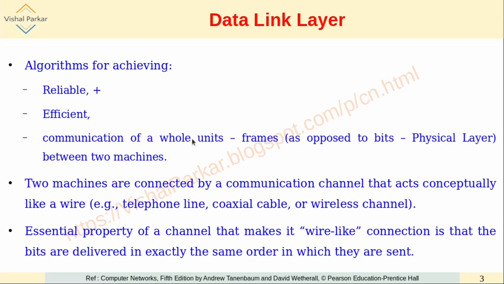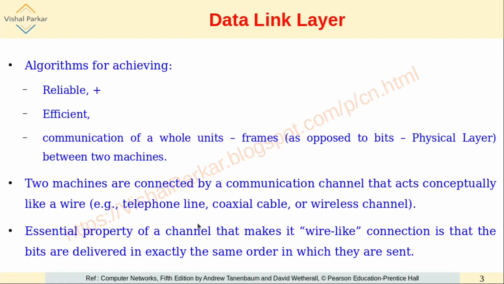Now, the data link layer's prominent functionality, beyond that, is to make the communication between two machines which are connected by a communication channel like a wire. Now, what do we mean by that? The communication is conceptually made to be like a wire. The actual communication may be done using a telephone line or the coaxial cable, or even the wireless channel that we have already seen.